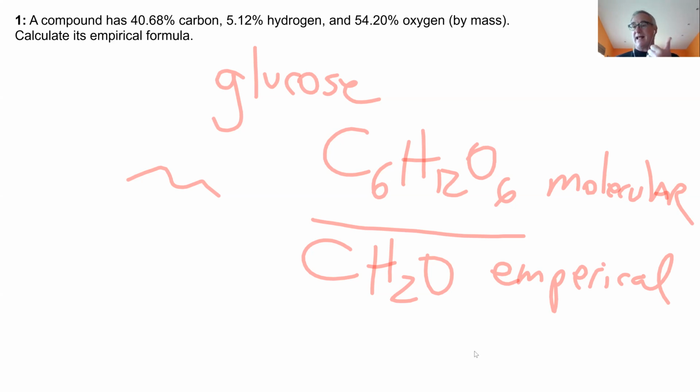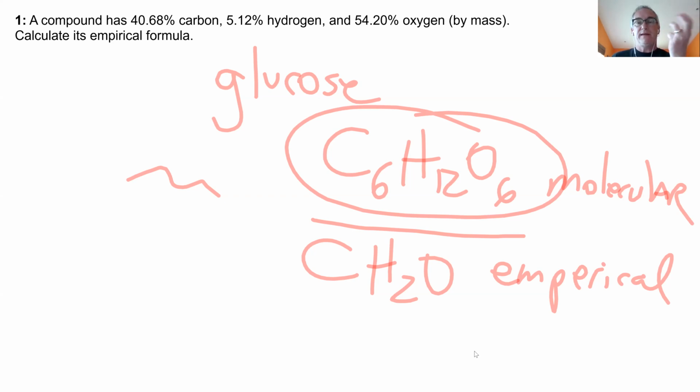So if we looked at the mole ratio of carbon and hydrogen and oxygen in glucose, we would get a ratio of 1 mole of carbon to 2 moles of hydrogen to 1 mole of oxygen. That would be the ratio, but that wouldn't be the actual formula. The actual formula is this, but you can see the ratio is the same.